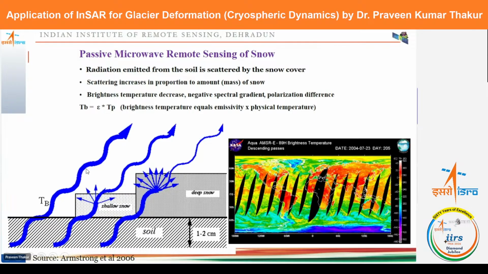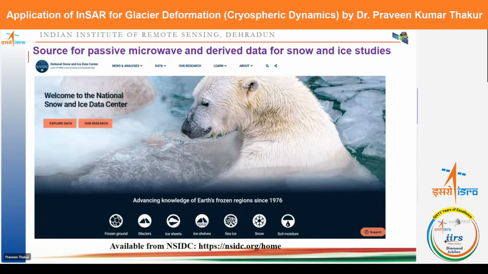So the brightness temperature is a function of the emissivity of the terrain as well as the kinetic temperature. So using this data, almost from 1970 onward from SSMI, passive microwave data is available at up to 25 kilometer. You can get systematic daily snow coverage in terms of snow occurrence, snow depth, and the snow water equivalent at the planetary scale.